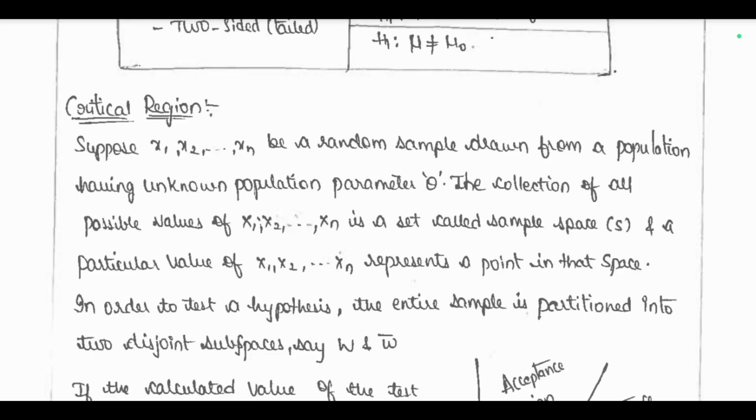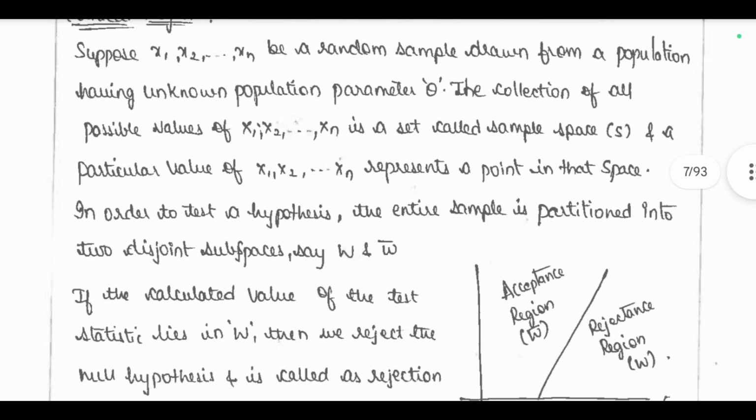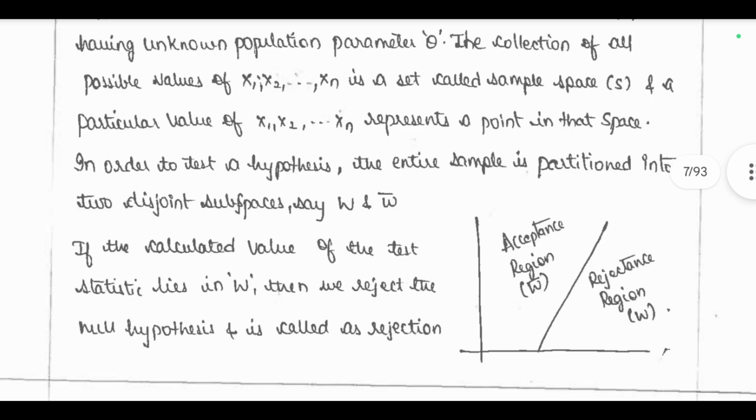In order to test a hypothesis, the entire sample space is partitioned into two disjoint sample spaces, omega and omega bar, where omega is said to be the rejection region.